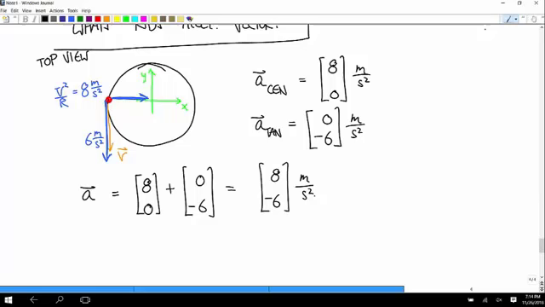And then this didn't ask anything about forces, but the next part of the question could be like, what horizontal force is required for this kid to stay in that circular motion? And then we could use Newton's second law to calculate that.